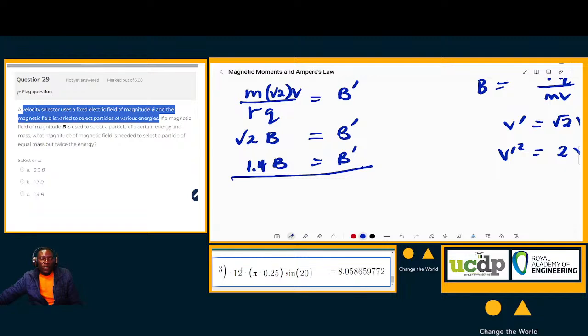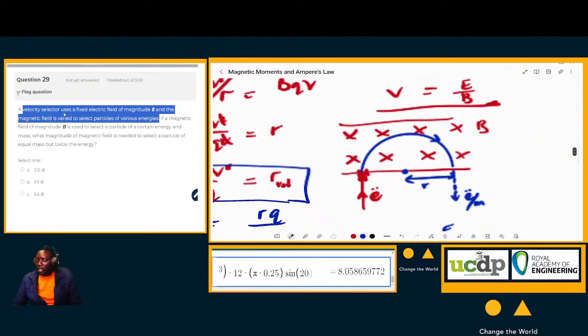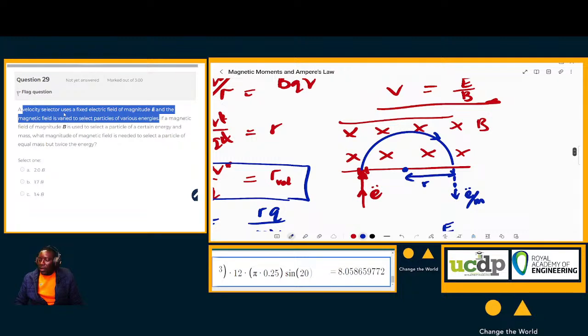Then the magnetic field is responsible for the selection, which is the part where we have the centripetal force making the particles describe a parabolic path, or that kind of semicircular path, to be selected out through a certain output point.